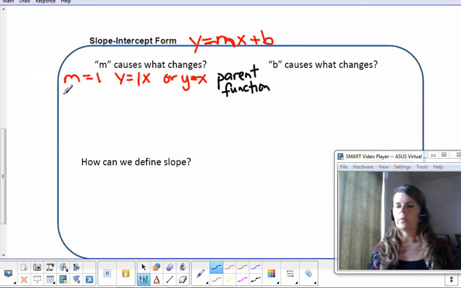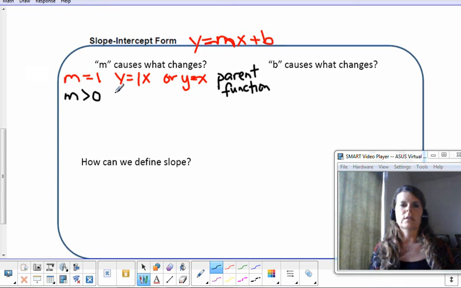Okay, and then what if your slope is greater than 0 but not 1? So let's say what if your slope is like 2? Well, if you have a calculator at home, you can try this.